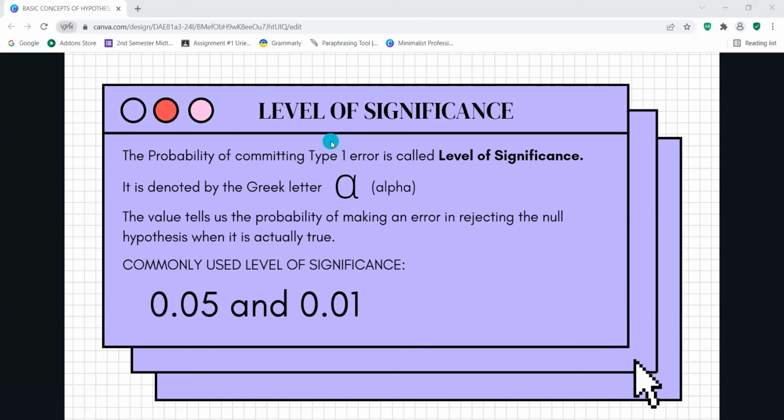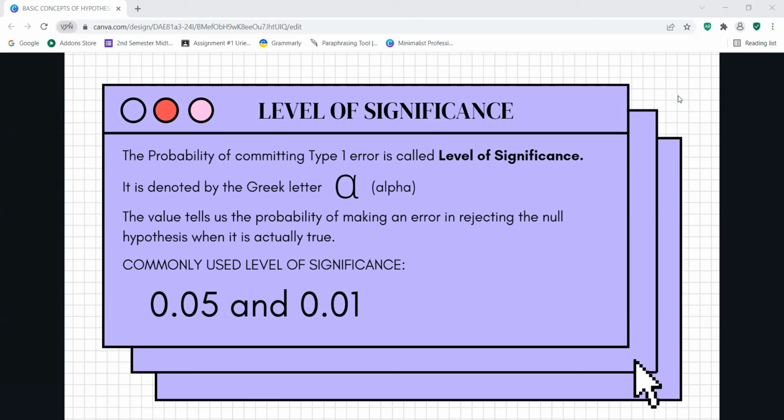So now let's proceed to the level of significance. The probability of committing type 1 error is called level of significance. The choice for the value of the significance level is determined by the researcher. This depends on the risk or degree of confidence the researcher is willing to take in committing type 1 error.